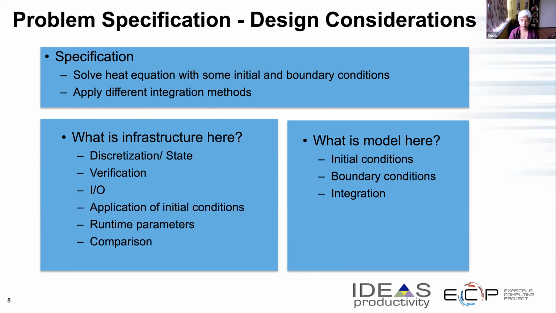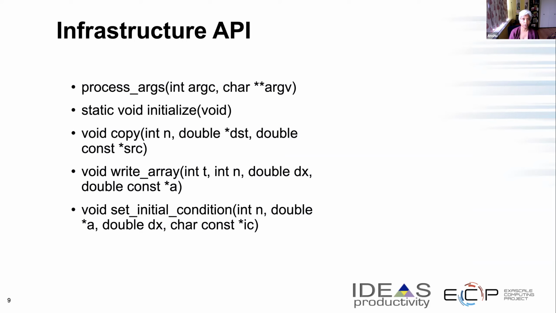So if you look at the repository, what you will find is that there are these functions available: the processing of the arguments, the copy, and this is the output. So here is the input happening, here is the output happening, and the initial conditions are set in this particular function.